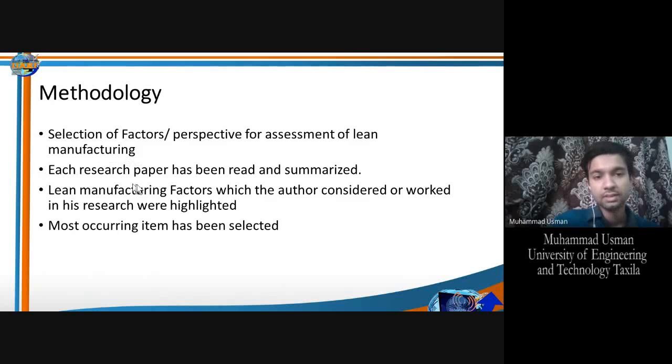Each research paper has been read and summarized. Lean manufacturing factors which the author considered in his research were highlighted, a whole table was generated, and through brainstorming and contact with the practitioners, I have selected the most important lean manufacturing factors.